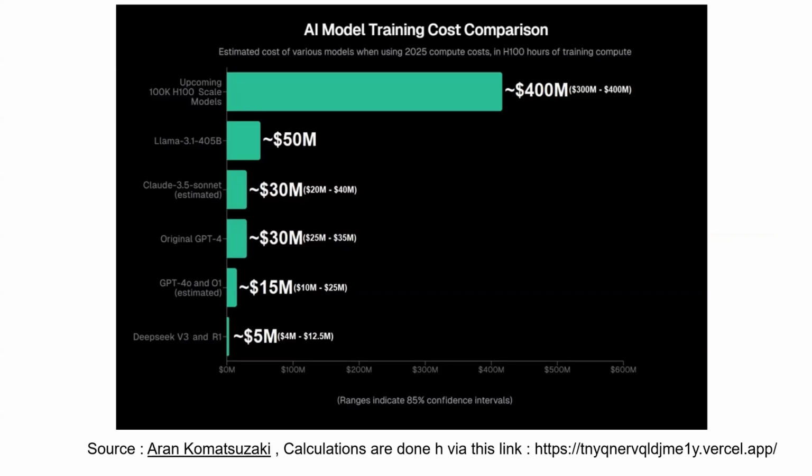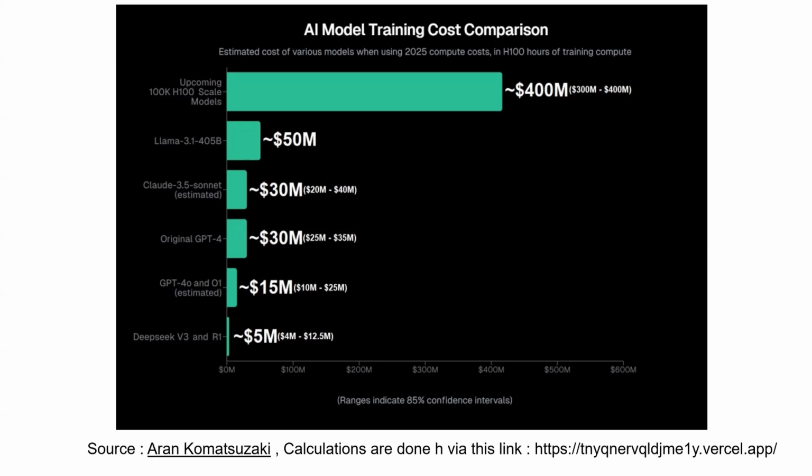As for the model training cost, this is a tentative comparison from someone, Aaron, who calculated it, and the total calculation and his estimates can be found on the link below.